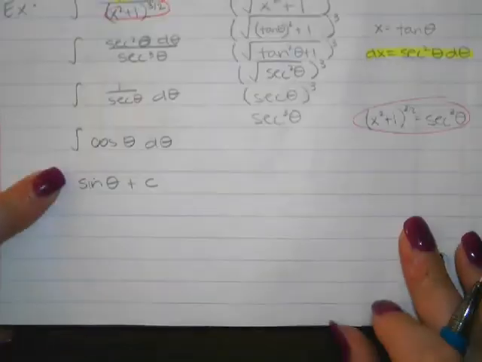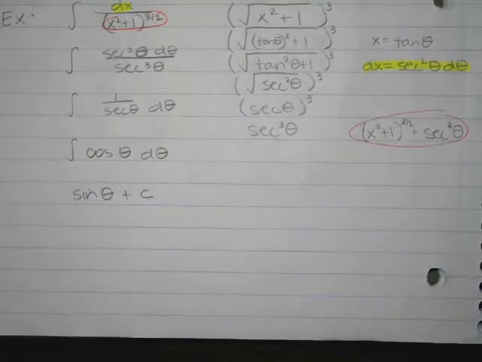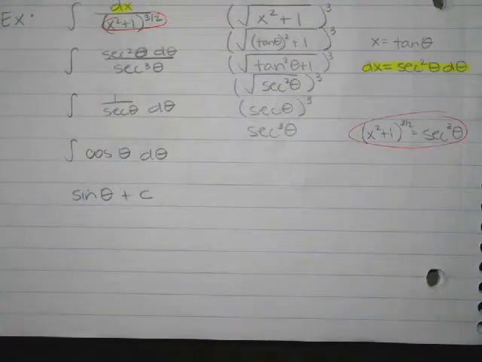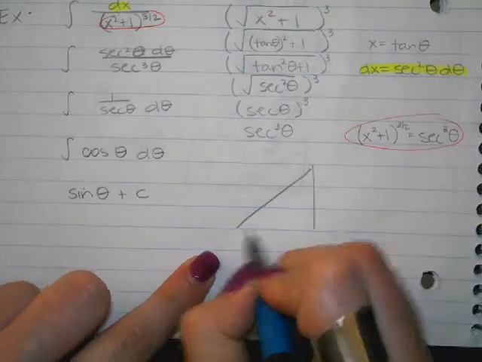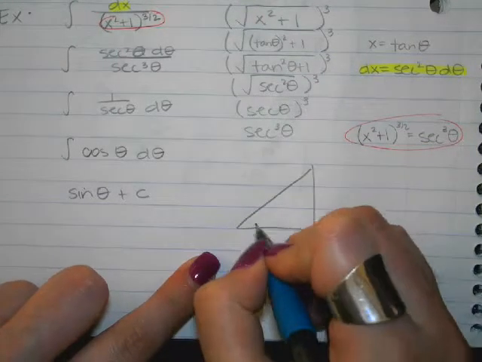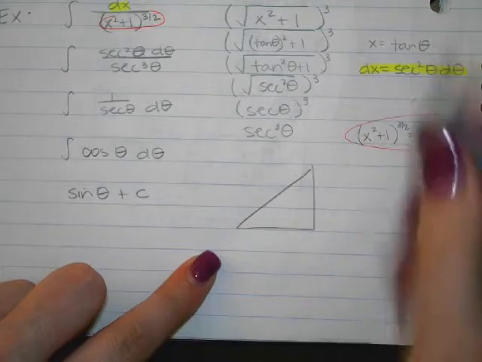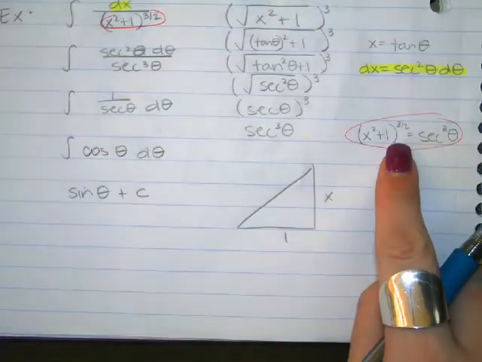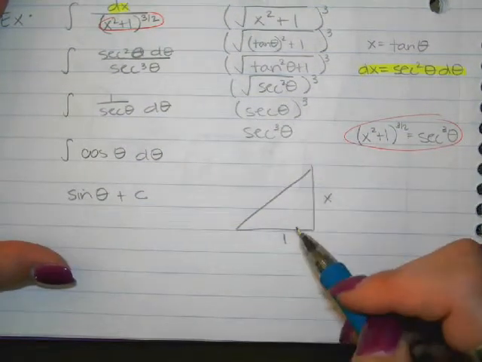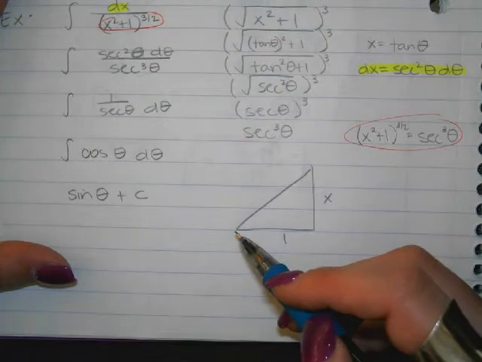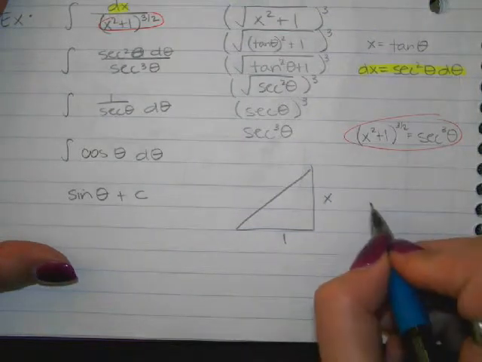So we have the answer, but we have it in terms of theta. We want to have it in terms of x. So now what do I do? Draw the triangle. So we have tan is opposite over adjacent. This secant is going to be hard to get anything from because it's cubed, so I would just do the Pythagorean theorem to find the other side.